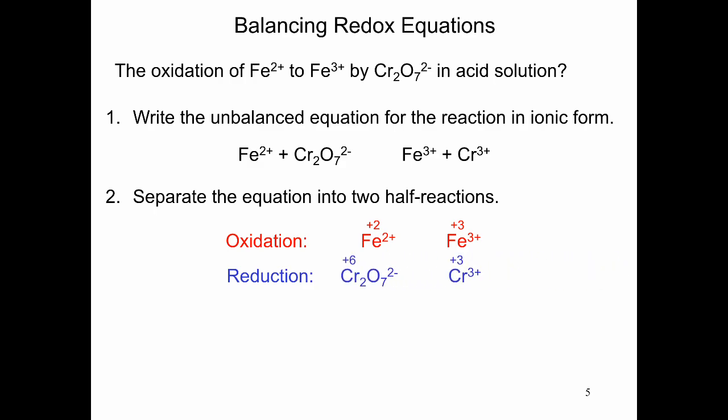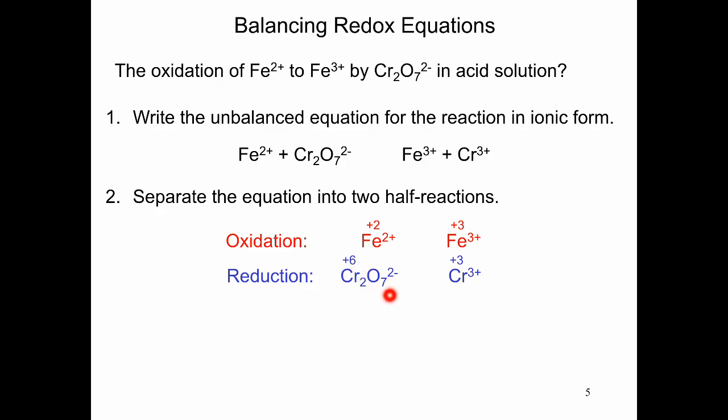So the oxidation number of the chromium in a dichromate ion is +6. So how do you know that? Remember, your dichromate has a charge of -2. So if you sum up all the oxidation numbers of each atom in your dichromate ion, the sum must be equal to -2.